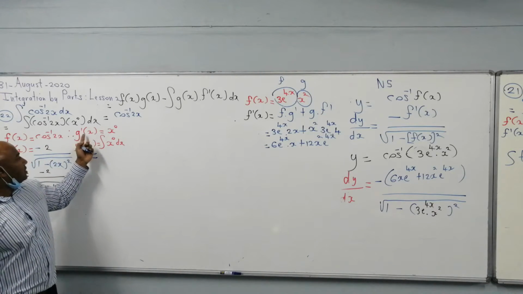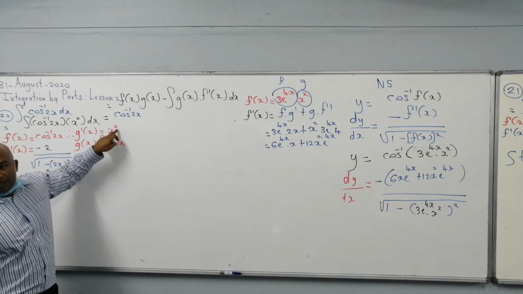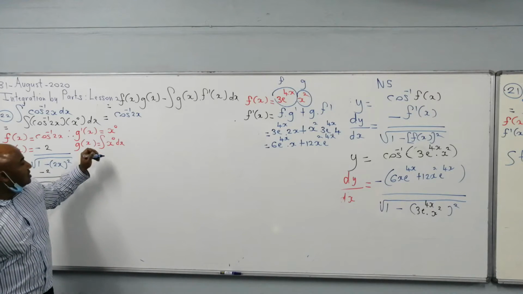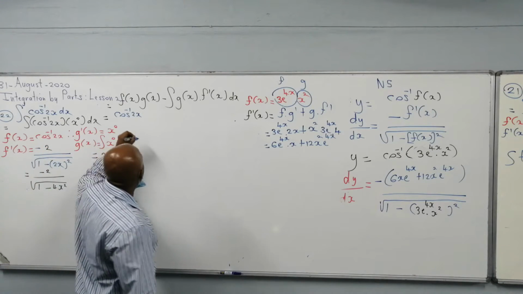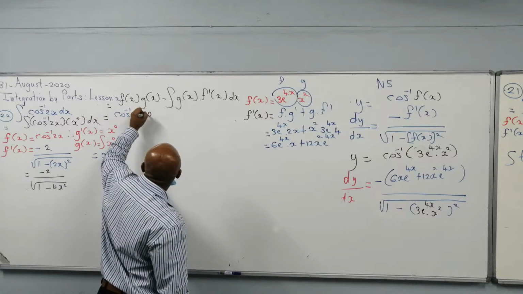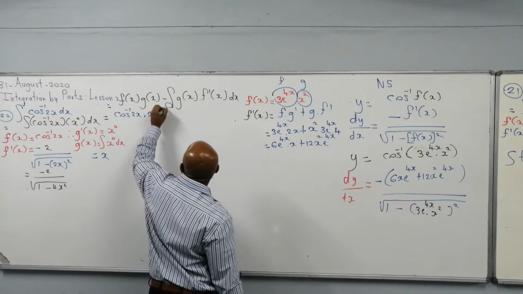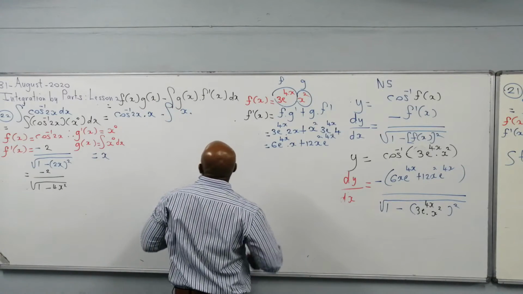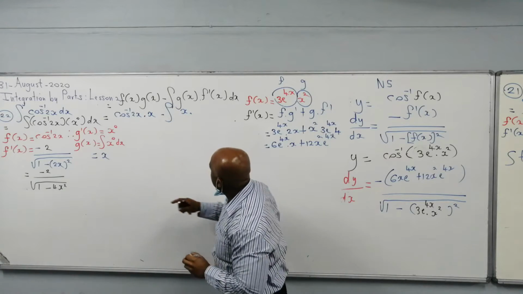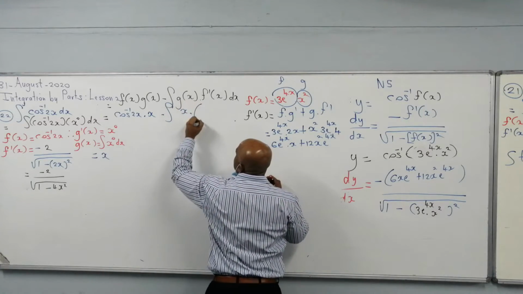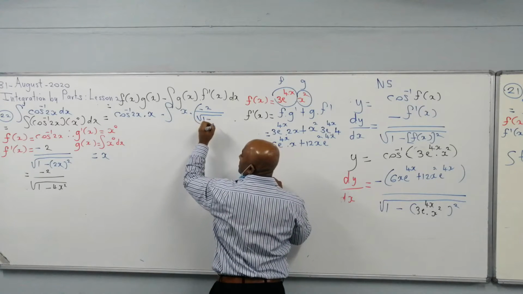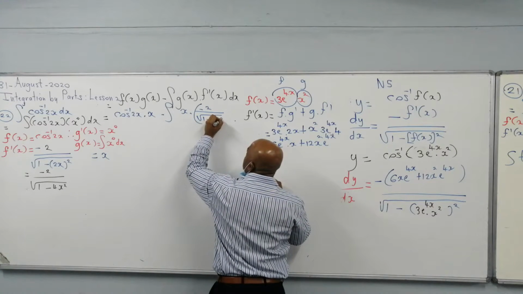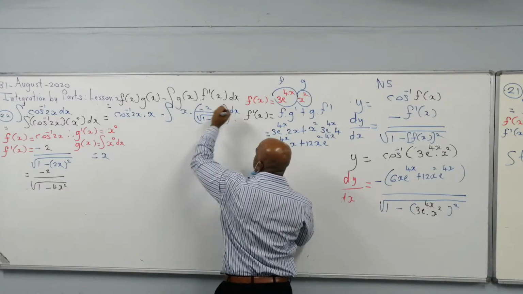Remember, g prime x was x to the power 0, which is 1. G of x is just x there. Clear with that? So there's f of x times g of x minus the integral of g of x times the f prime x part here, which is minus 2 divided by the square root of 1 minus 4x squared dx.